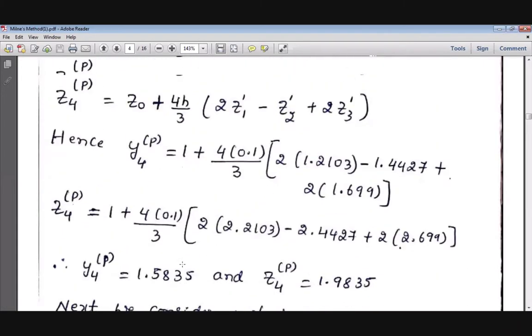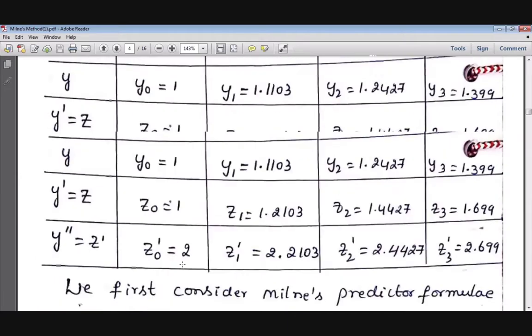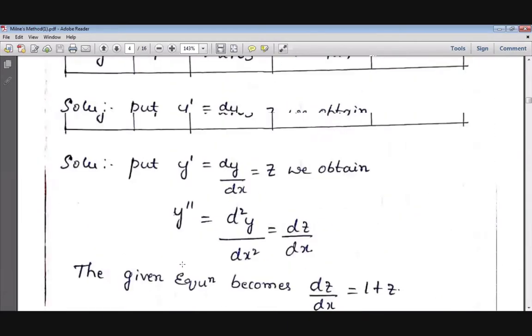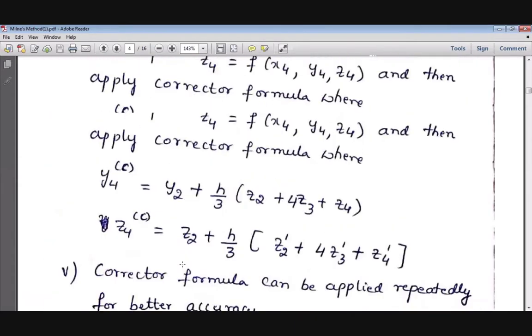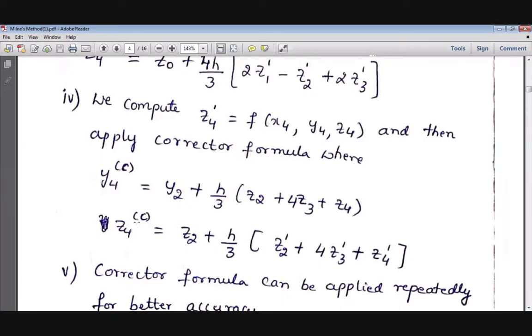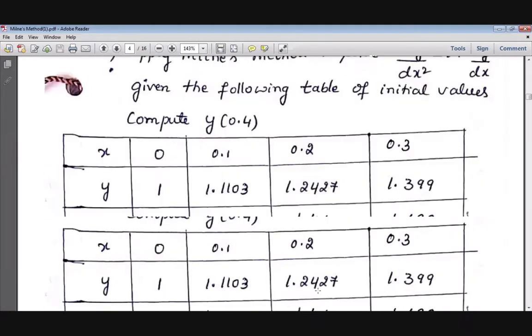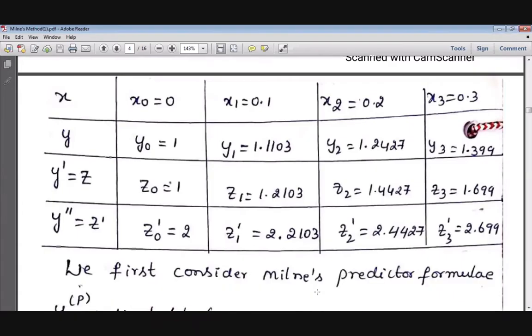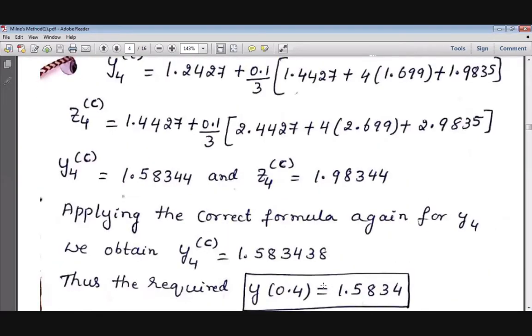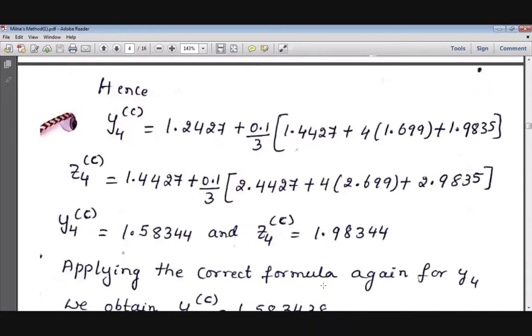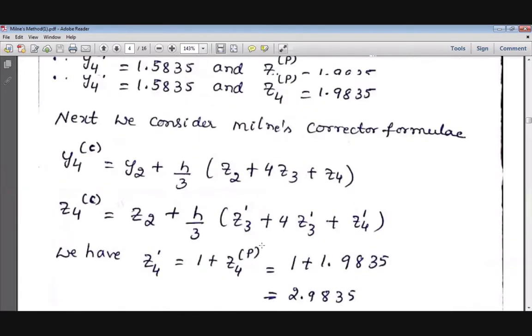Corrector formula, I have a doubt. Here it is correct. Z4 of c, z2 plus h by 3, z2 dash. This is wrong. Where is it? Oh, this is z2 dash.